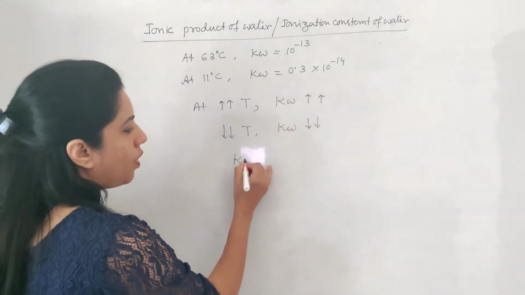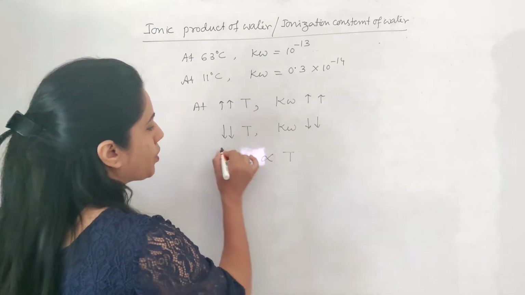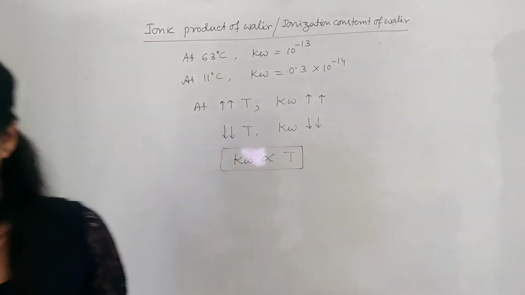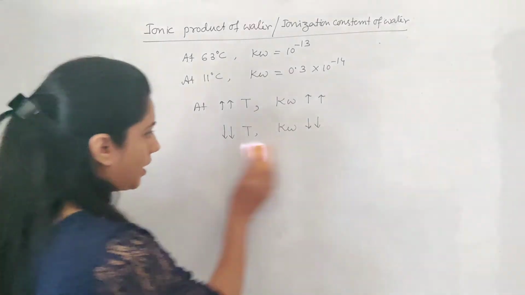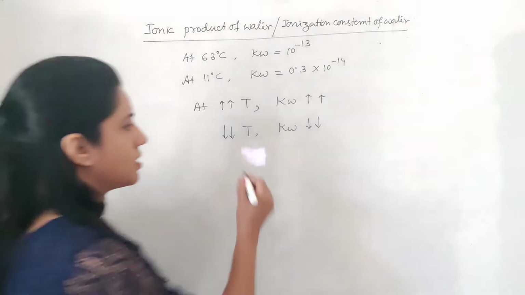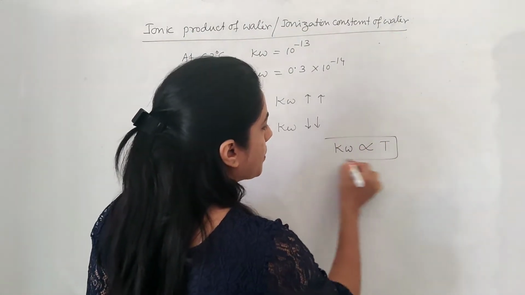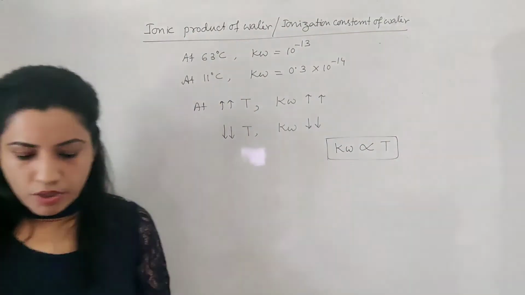So the value of Kw is directly proportional to the temperature. Write down, this is a very, very, very important conclusion. Kw is directly proportional to temperature. This is a very important conclusion.